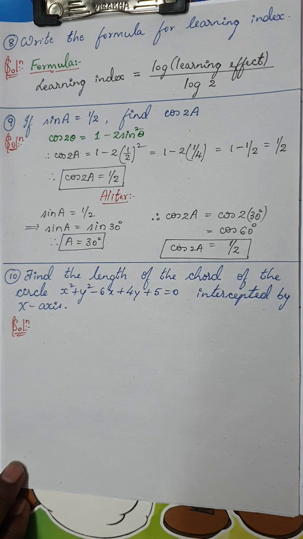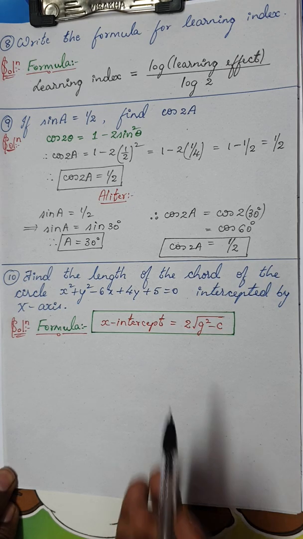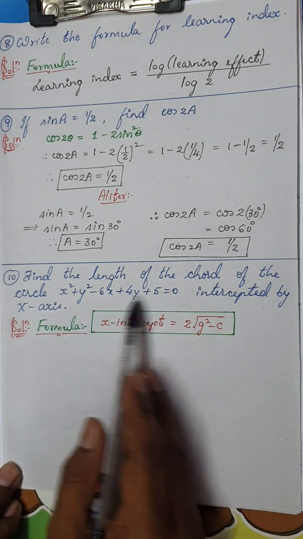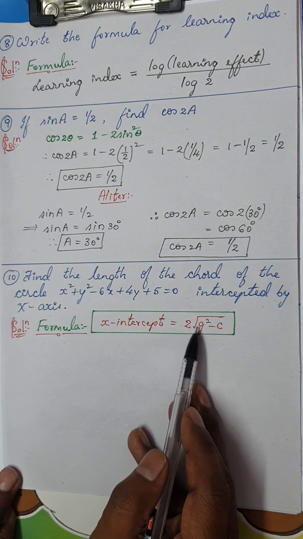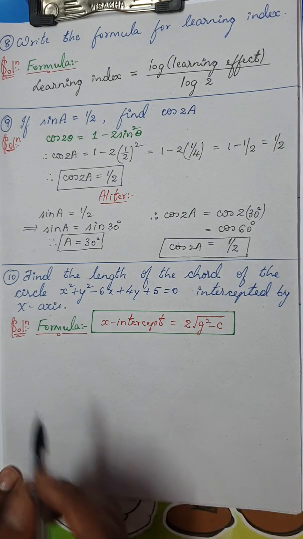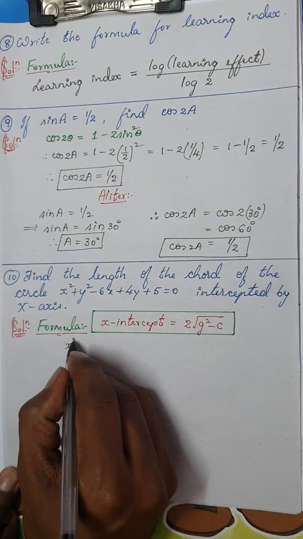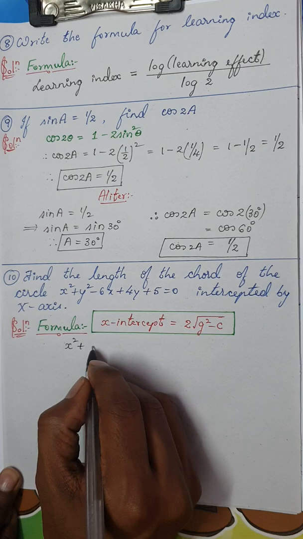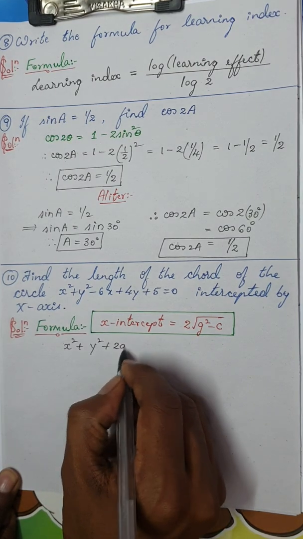I'm going to write the formula first and give you the solution. So the length of the chord of the circle intercepted by the x-axis is this. The x-intercept would be given by 2 into root of g square minus c. Now my duty is to find the value of g and c. So for that, you have to compare with the standard equation.